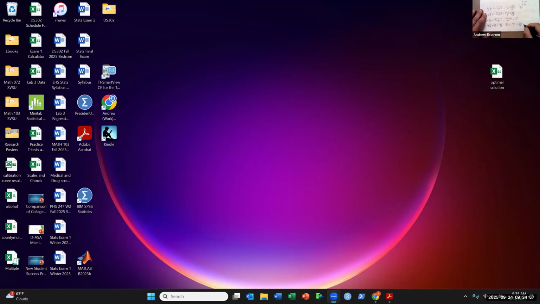21 times 2 is 42. So we now have 47 over 10 minus 42 over 10. Now that we've got the same common denominator, 47 minus 42 is 5. 5, and then that's going to be divided by 10.